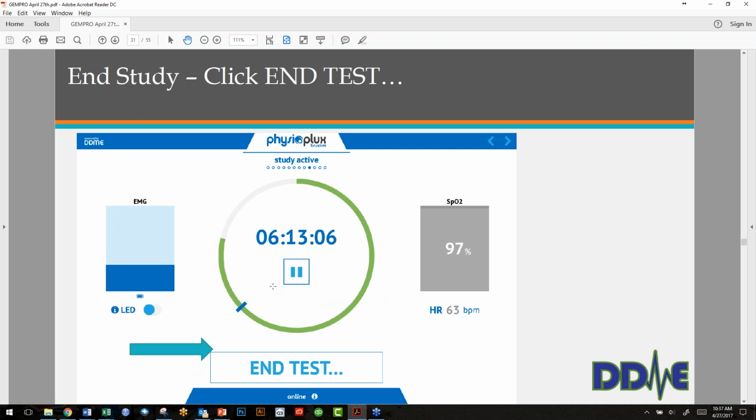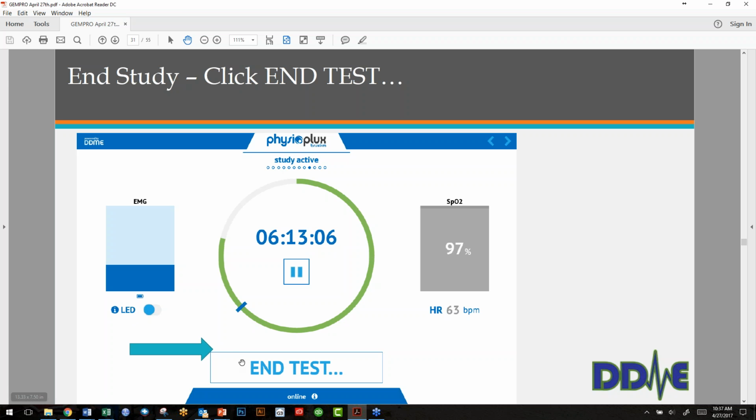This is the data acquisition screen, and the green line around the circle is actually orange until you hit the blue hash mark, and then it turns green, meaning you achieved the length of time goal. In this case, if you remember, it was 5 hours. At any point, if you want to turn off the blinking LED light, you can click that LED button on the tablet, and it turns off the blinking green light on the amp.